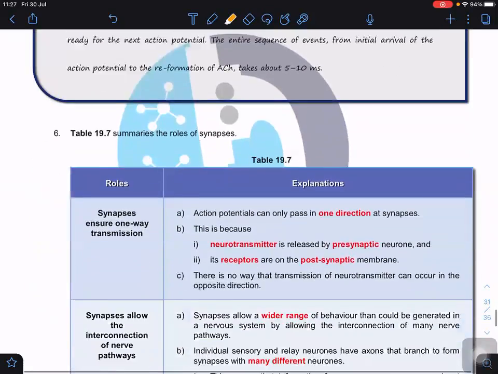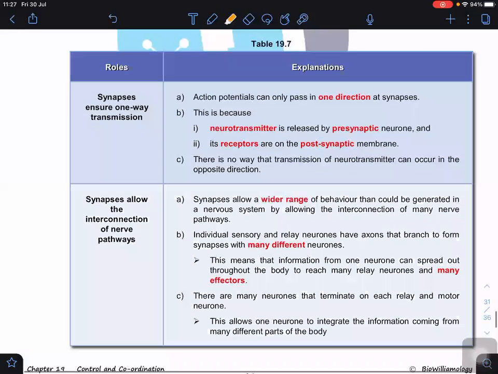So what are the roles of the synapse? Very important, highlight the first one. The first one is the most important one. Synapse ensures one-way transmission. The question always asks, how does the synapse ensure one-way transmission? Highlight statement B here. Because you only get neurotransmitter at the presynaptic neuron.